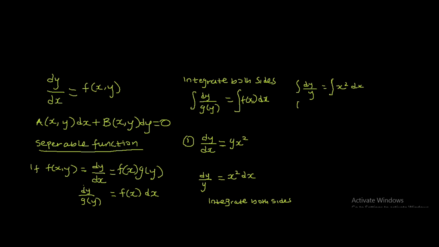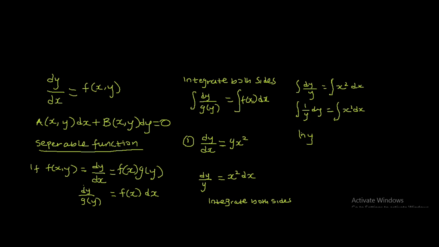Now this is also the same thing as doing the integral of 1 over y dy equals the integral of x squared dx. From the idea of integration, we know that when we are integrating the inverse of a particular function, let's say 1 over something, 1 over y, 1 over x squared, 1 over anything in brackets, it is just the ln of it. So the integral of 1 over y gives us ln y.